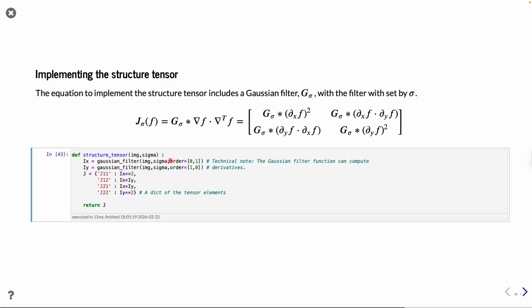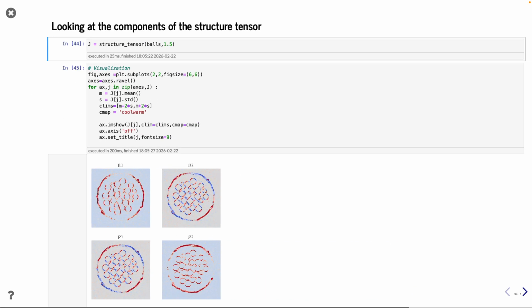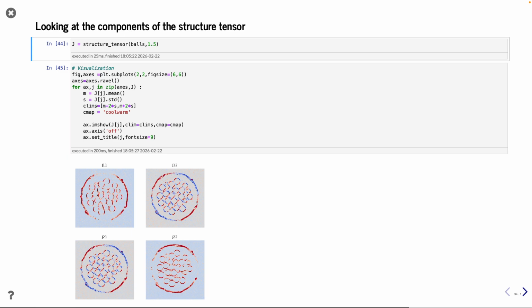And this would be a function to compute the structure tensor. And the fun thing with that one is, let's look at the different components first. Here we can see that the diagonal ones, they look at the vertical and horizontal structures. And the off-diagonal ones, actually, they are essentially the same. They look at the diagonal structures.